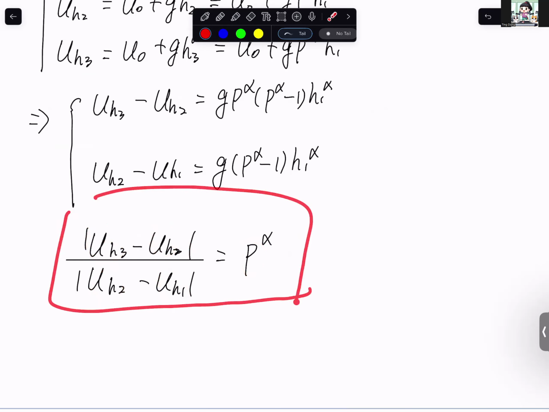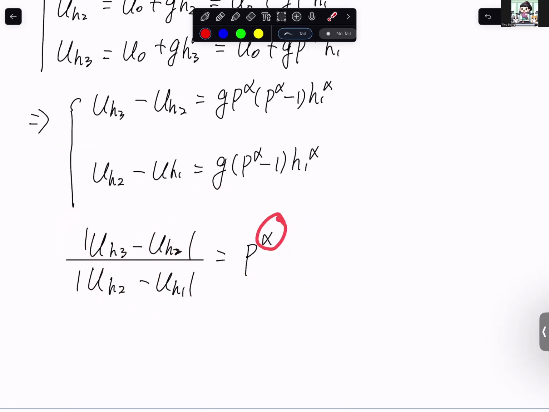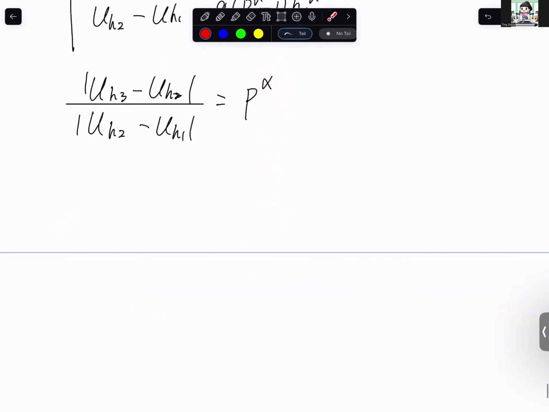So in this equation, you can use it directly to calculate the convergence rate. That's the whole point of the derivation here, right? And now, of course, another goal is to calculate U0, the exact solution. So let's do one more step.